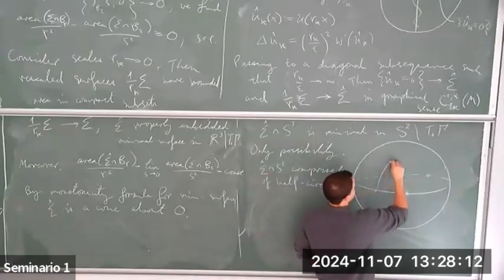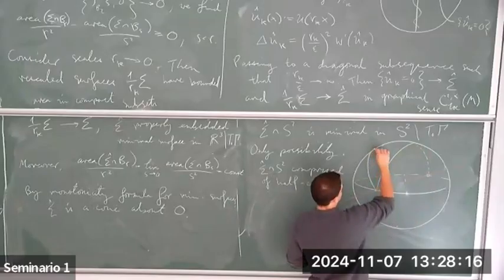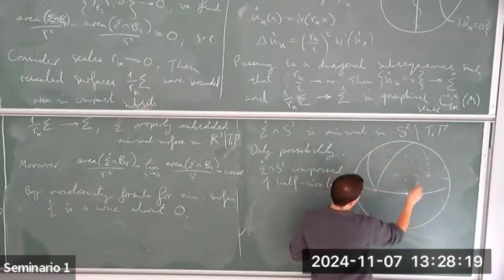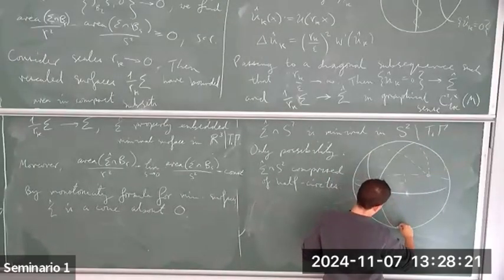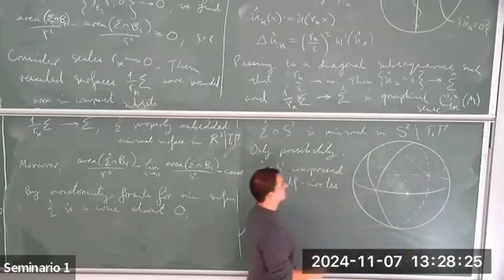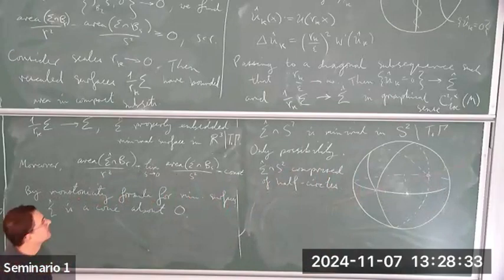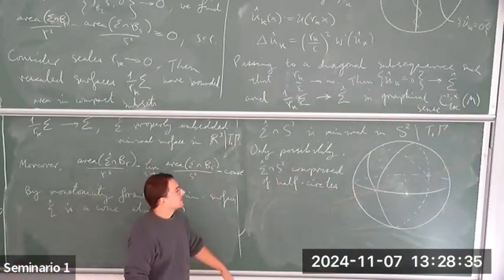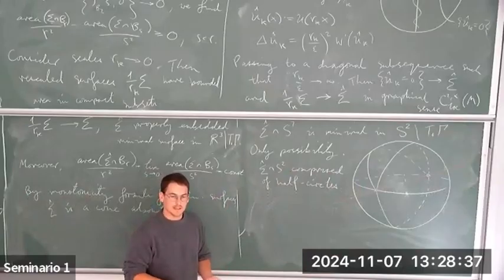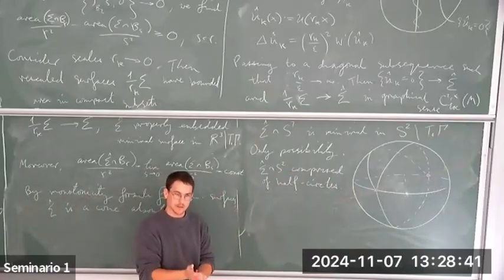So it looks something like this. Some number of half circles which connect these two poles. And what does this mean for sigma hat itself? Sigma hat is a collection of half planes meeting along a line.